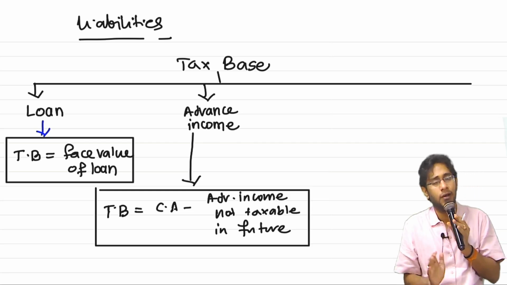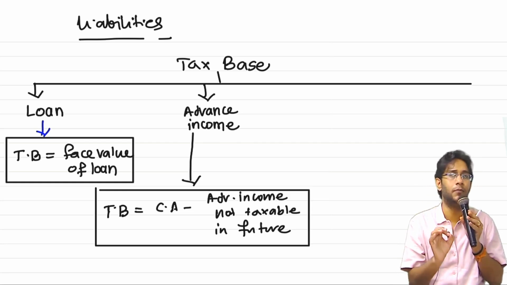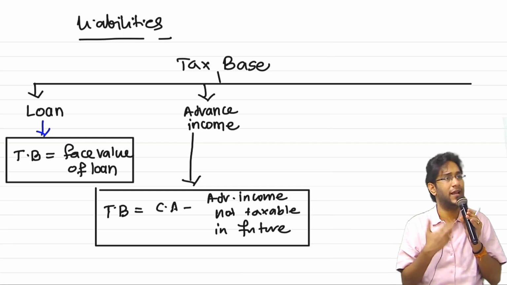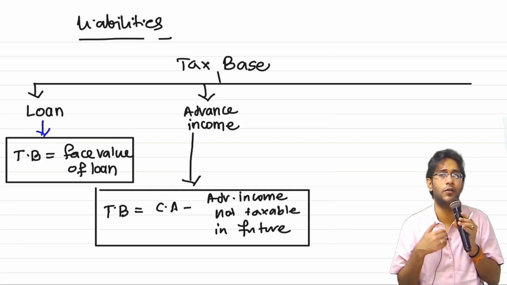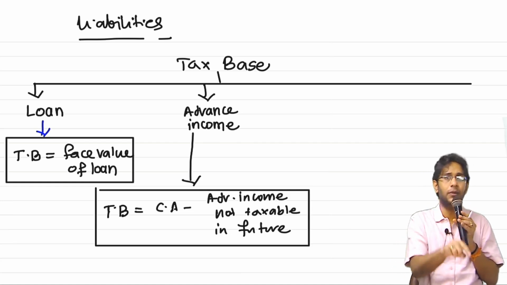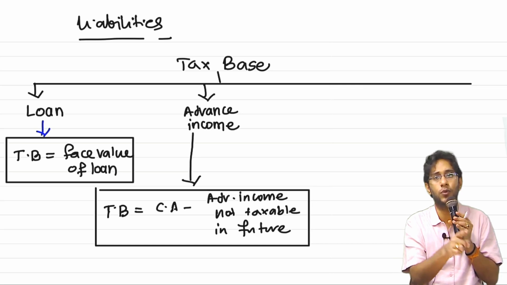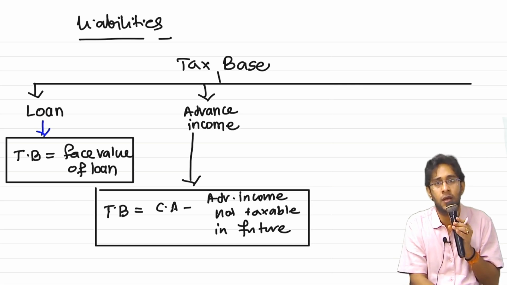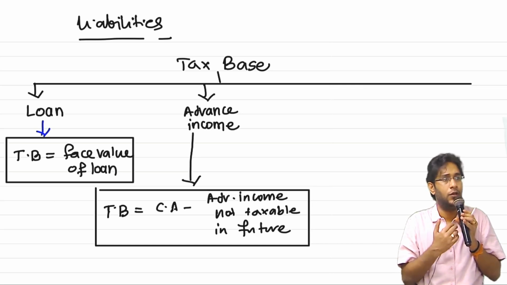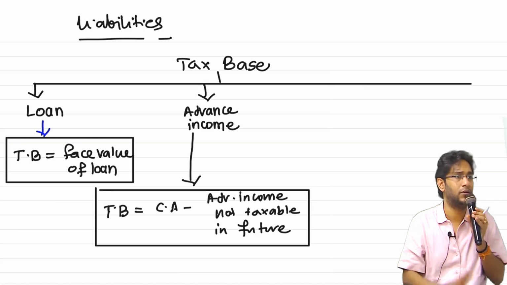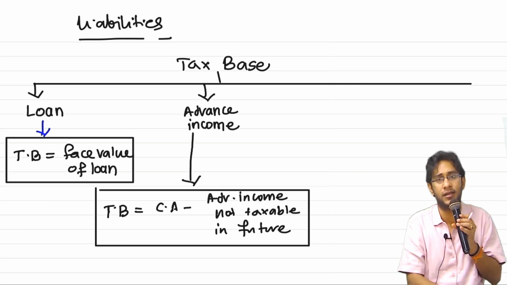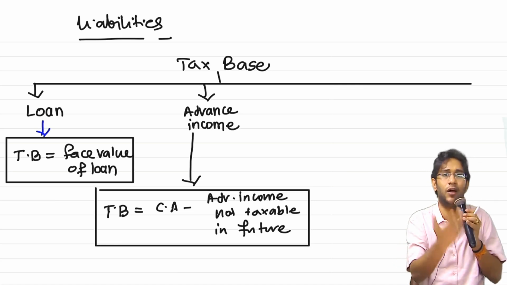From the accounting point of view, the advance income is not income first of all, because sale did not happen. Ideally, from the income tax point of view also it should not be income. But in the Income Tax Act, since it gives you the cash basis option, the moment you receive money, you have a choice of offering it as income. In case you do that, under the Income Tax Act, the moment you received money, it is already taxed.